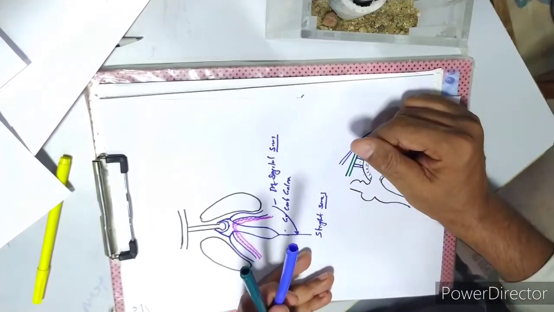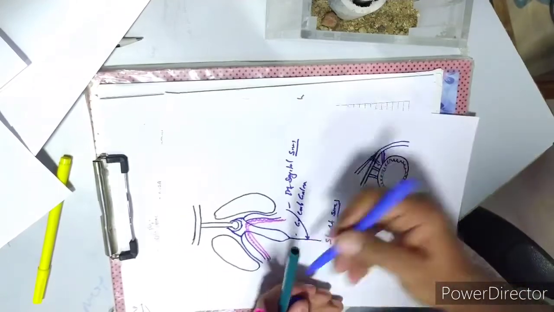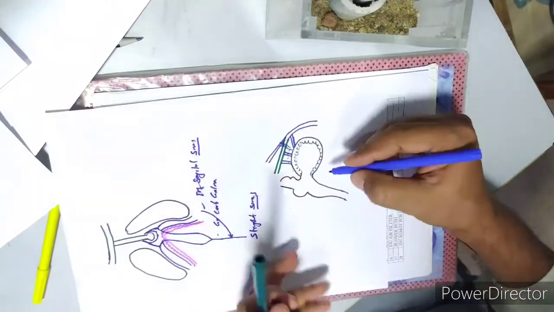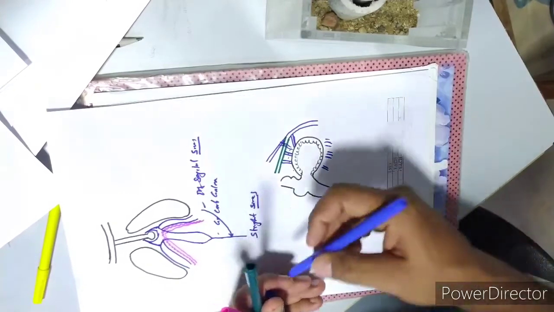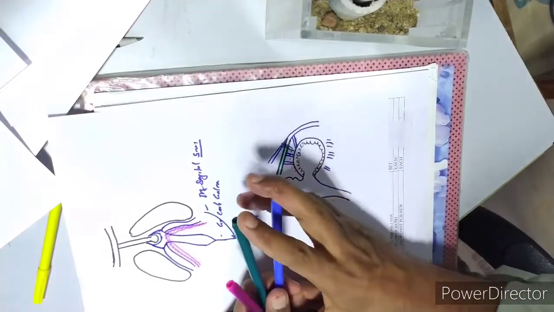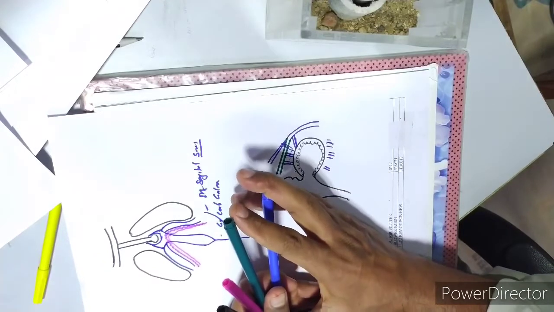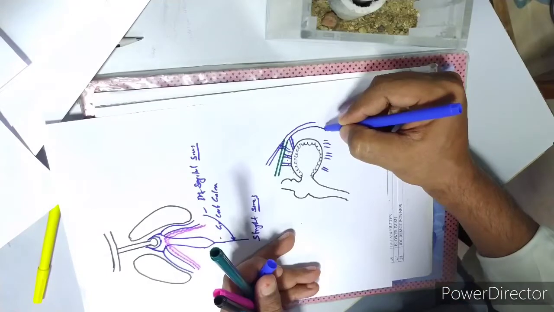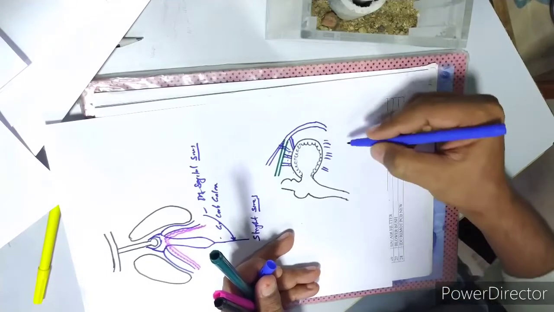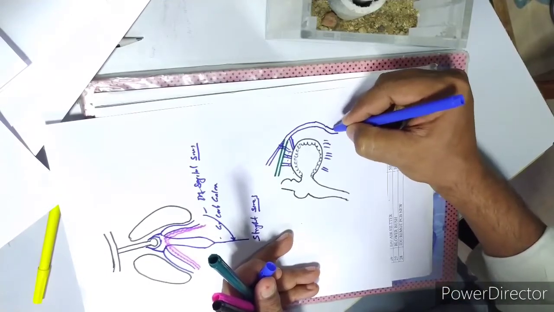From the inferior surface of the cerebellum, the veins drain into the right and left sigmoid sinus. The transverse sinus, when it reaches anteriorly, turns and continues with the sigmoid sinus.